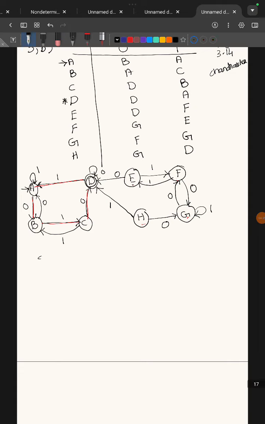We can write states E, F, G, H are unreachable, so eliminate those states.